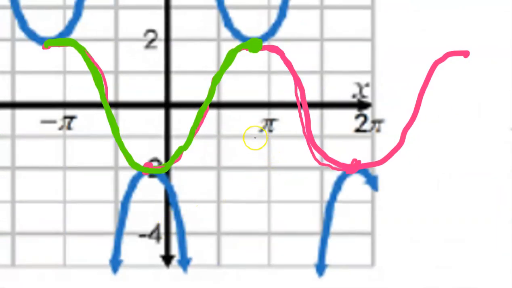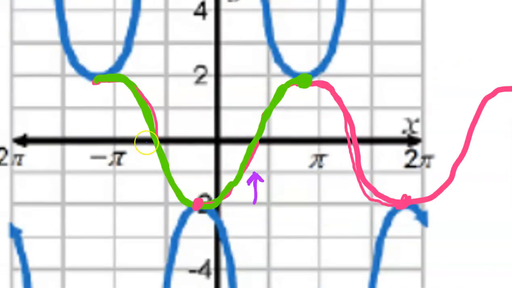You see pi right here. This is pi. Right here would be half of pi. So 1/3 of pi would be a little bit less than that. It would be somewhere in this first square, right around this area.